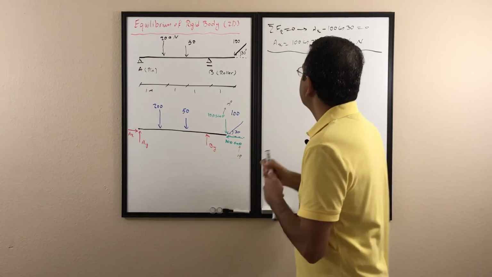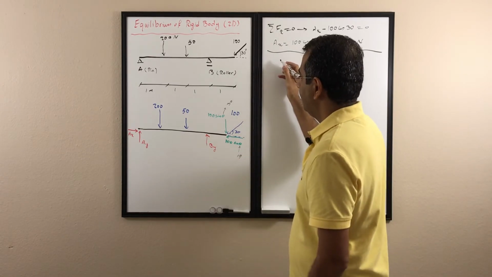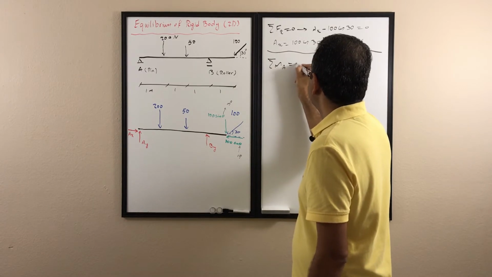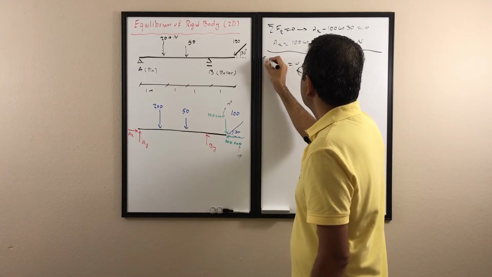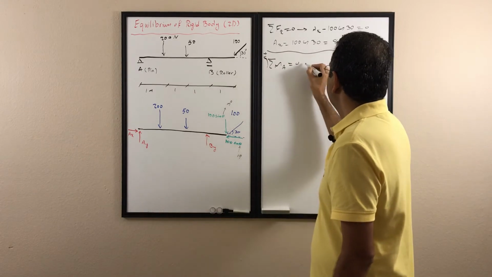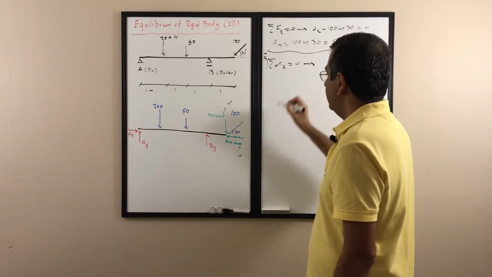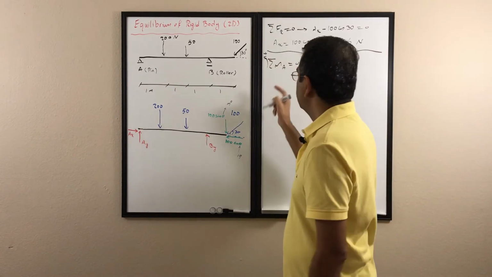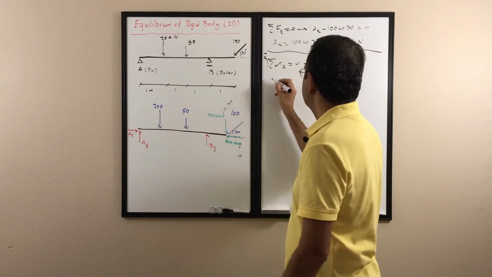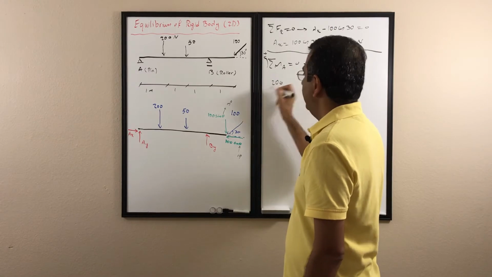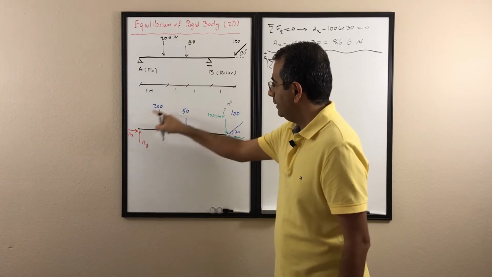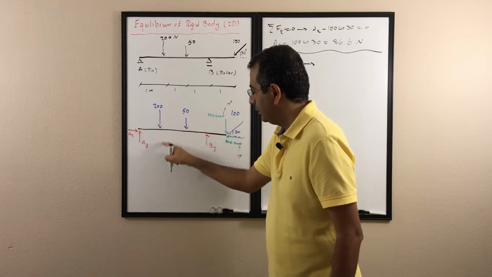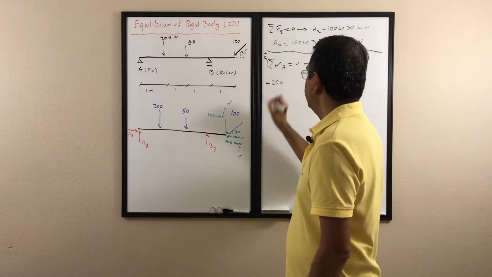So I'm going to write sigma M about point A is 0, assuming counterclockwise is positive. I start to write it from here. About point A, what I have is a 200 Newton, and this 200 Newton rotates the beam about point A in a clockwise direction, so it's going to be negative.